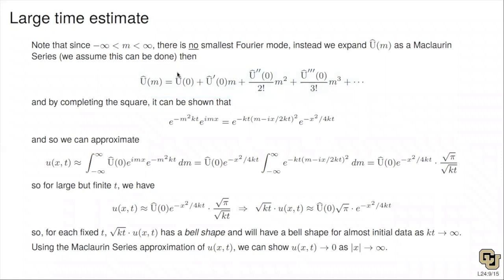Here I just wanted to highlight mainly this aspect of it. What we can do now is substitute in for U hat of m. We can replace the first term as a starting point, and then calculate that integral to get a large time estimate.